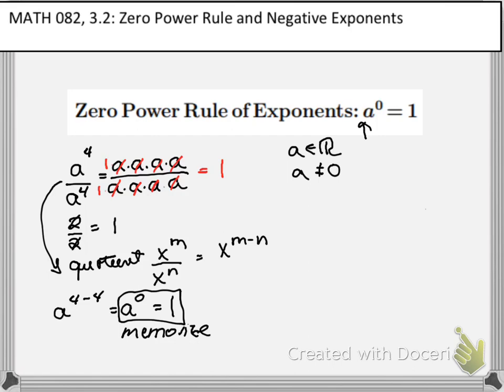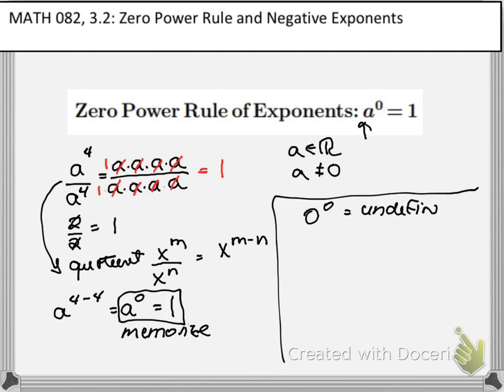So I think I mentioned the one exception is 0. 0 raised to the 0 power, people have decided, is undefined. If you want to think about that, one way to think about it is we'll have, let's say, 0 to the first power is 0, 0 to the second power is 0, 0 to really any number is 0.